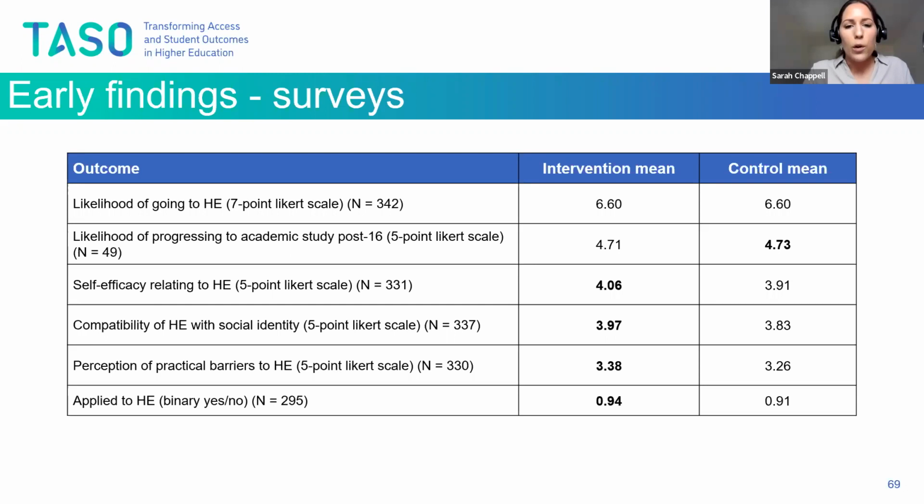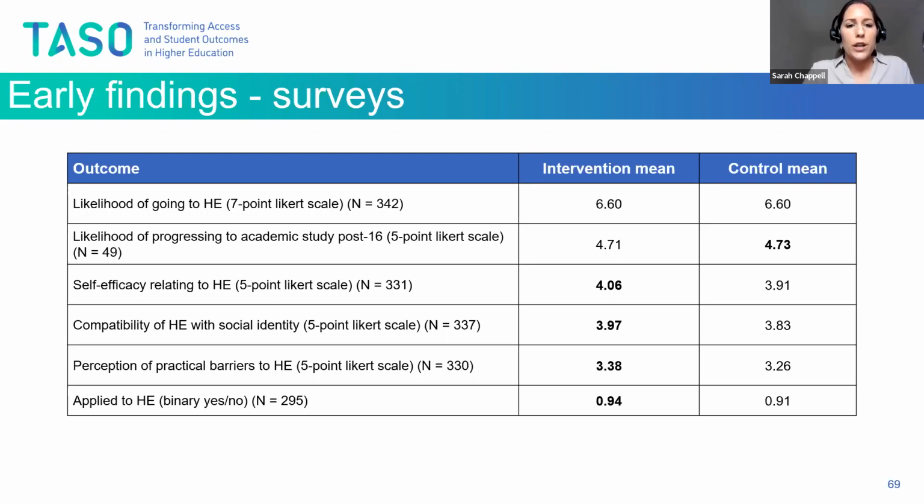Again, our sense of belonging measure or compatibility with social identity, this was again higher for our intervention group. And again, in terms of perception of practical barriers, so did students believe they could afford to go to university? Did students believe that they could apply or know how to apply to university? And again, this was higher for students that received a place on the summer school.